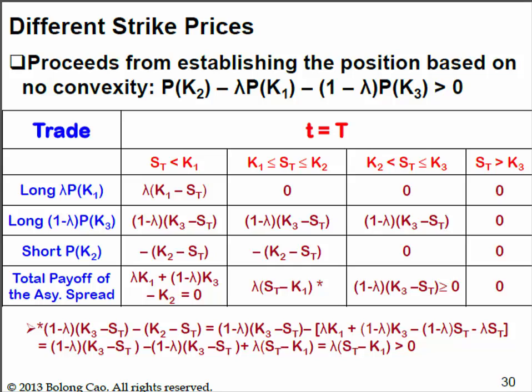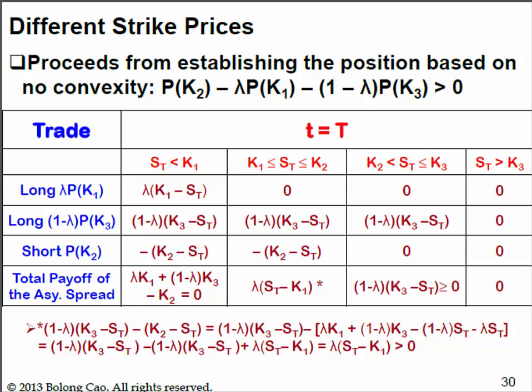From the long put option positions, we delivered 1 unit of the underlying, and from the short put option position, we received 1 unit. So all this underlying stock is gone. And then we count our strike prices. It's lambda K1 plus 1 minus lambda times K3 minus K2. By the definition of lambda, that's 0. That's our equality to start with.